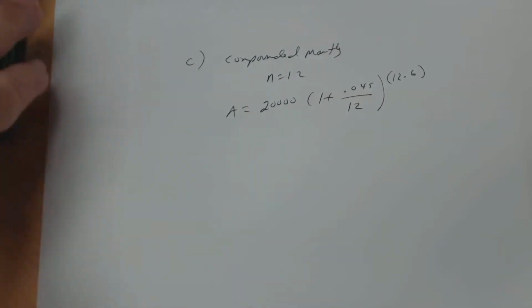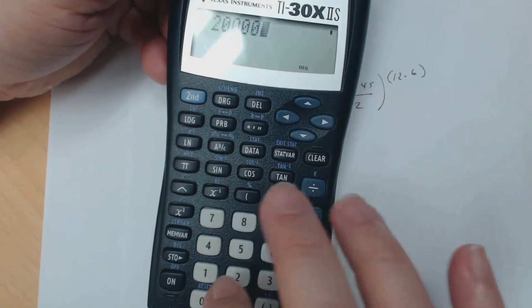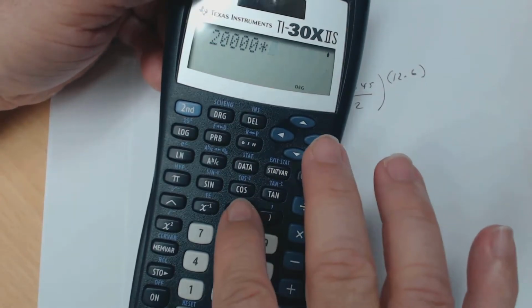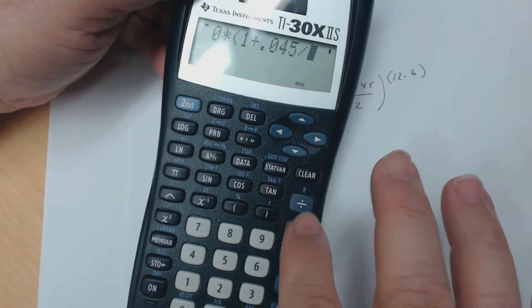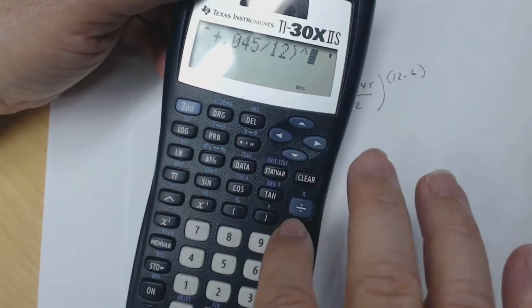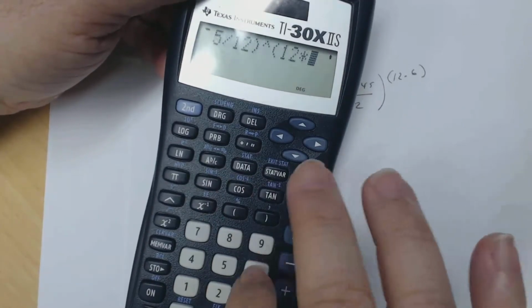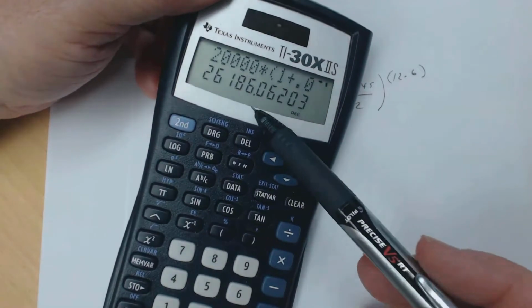So putting that in your calculator, we're going to get 20,000 times, in parentheses, 1 plus 0.045 divided by 12, close the parentheses, then raised to the 12 times 6 power, close the parentheses, equals.